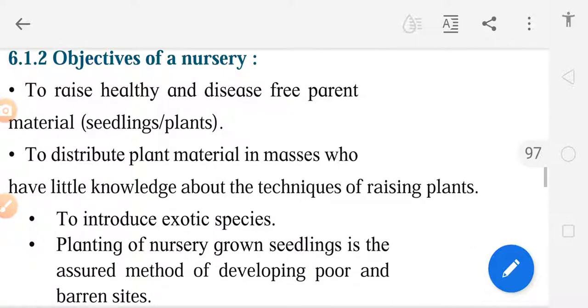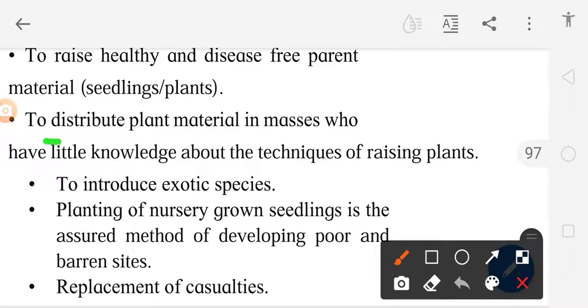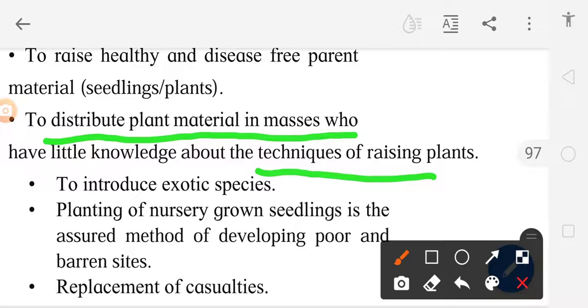We also have to distribute the plant material in masses, and that requires a technique for raising of the plant.